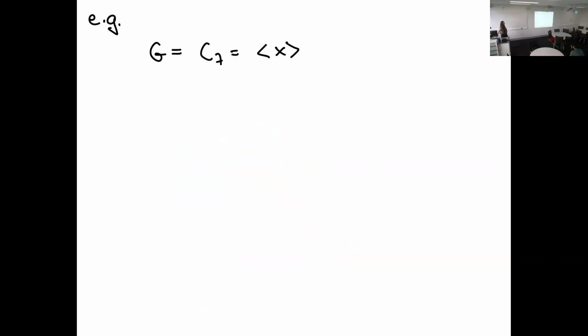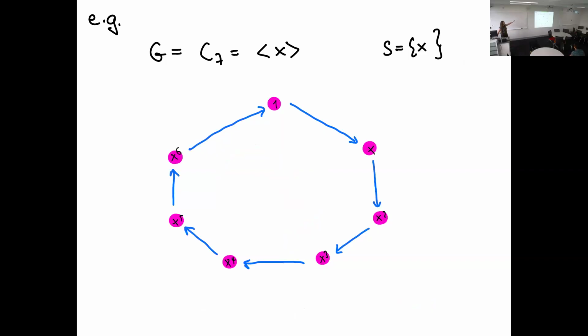However, if we take the directed Cayley graph and then we have S is only X and not its inverse, then we'll have that 1 points to X, and then we can just fill out the rest of the Cayley graph.